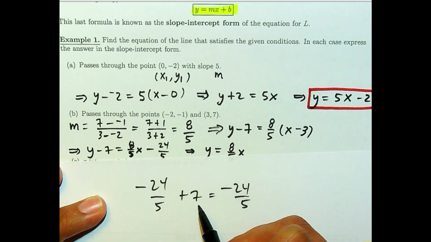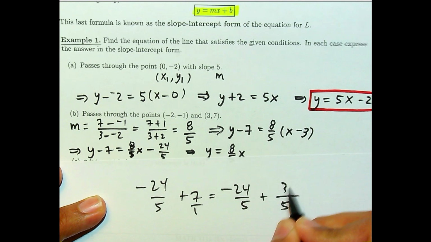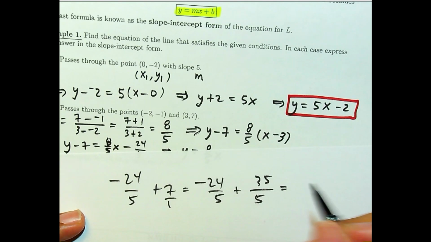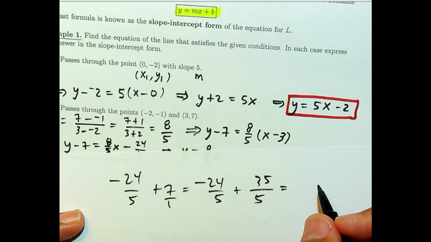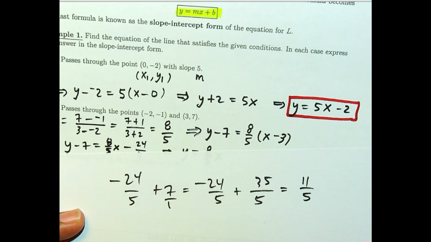Then this is like 7/1, multiply by 5, bottom and top. So this is 35/5, which is, -24 plus 35 is 11.